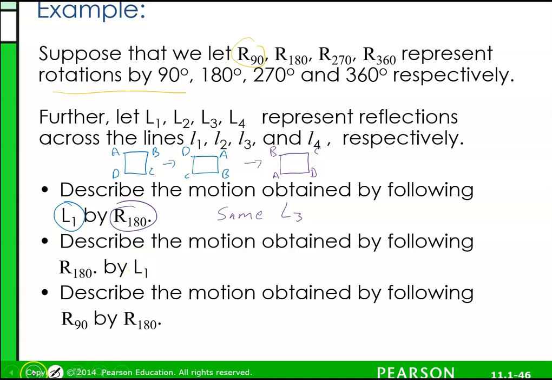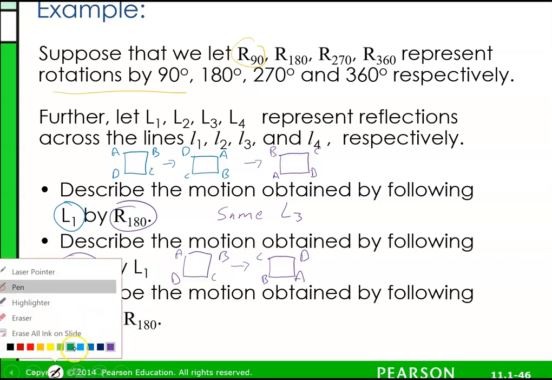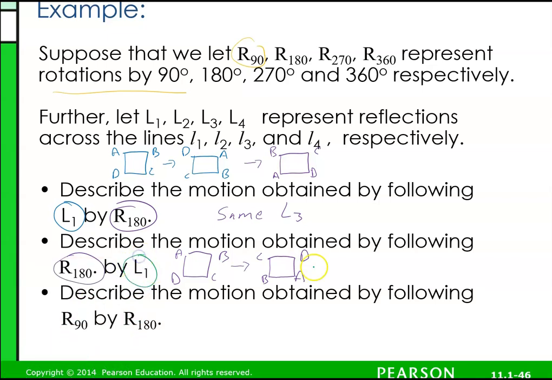Let's reverse it. Let's do, again, our original square, A, B, C, D. Let's do the rotation first. So A switches to C. B switches all the way over to D. C takes A, D takes B. And then we'll do, I can switch colors again, L1.